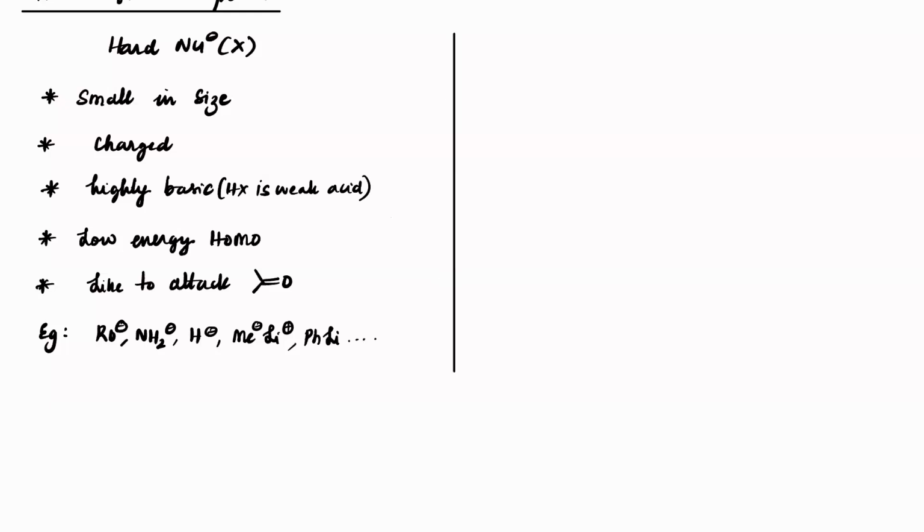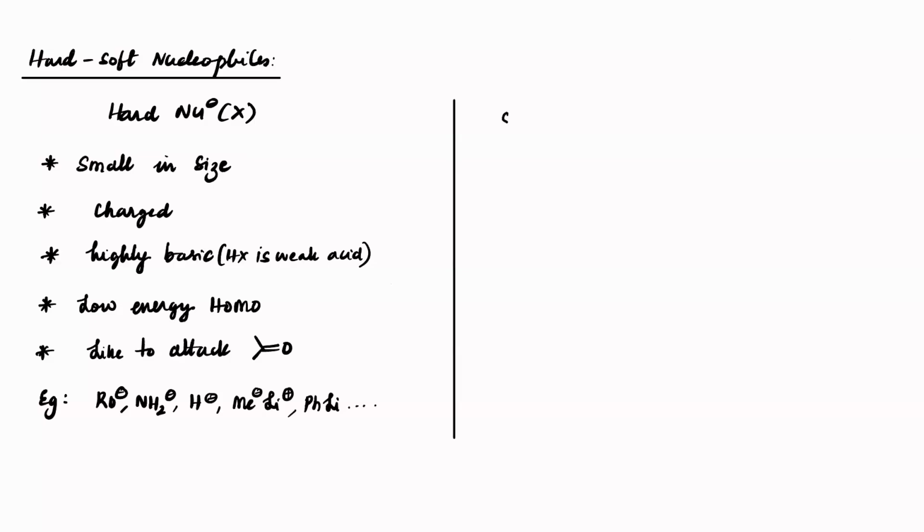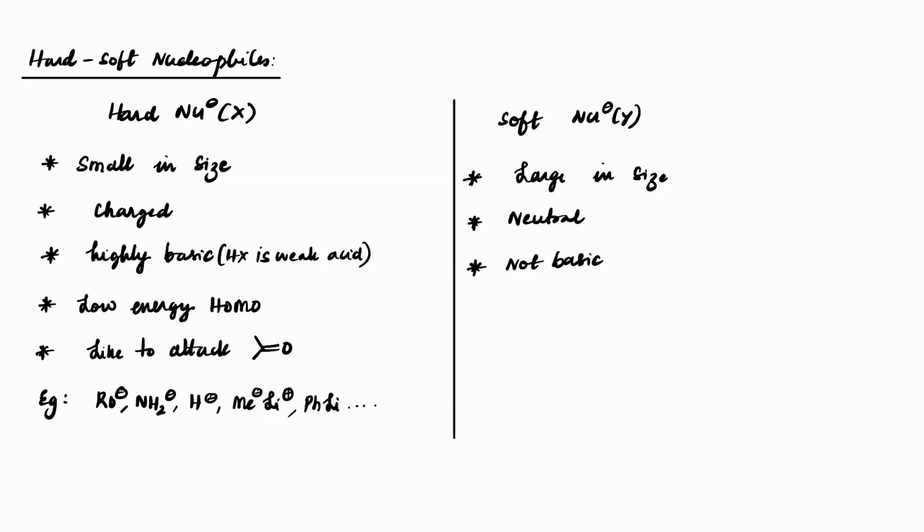On the other hand, what are soft nucleophiles? Let this be Y. They are generally large in size. They are mostly neutral charged. They are not basic enough, because HX is a strong acid.